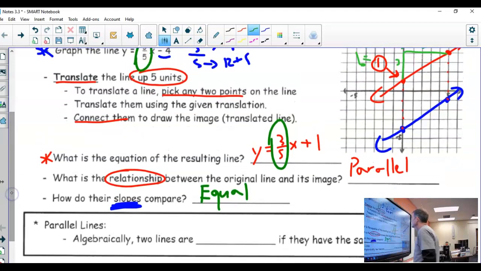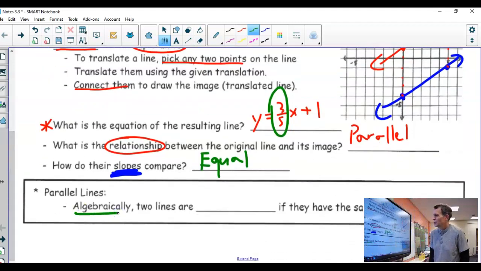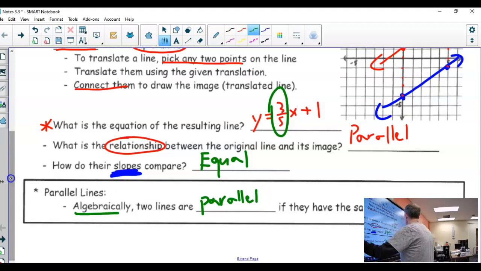So, in geometry, two lines are parallel if they are in the same plane and do not intersect. But we're looking at it algebraically. What do we know about parallel lines algebraically? Algebraically, two lines are parallel if they have the same slope.